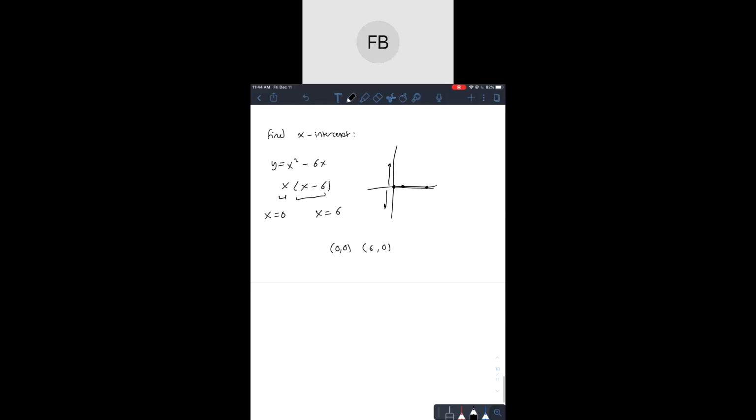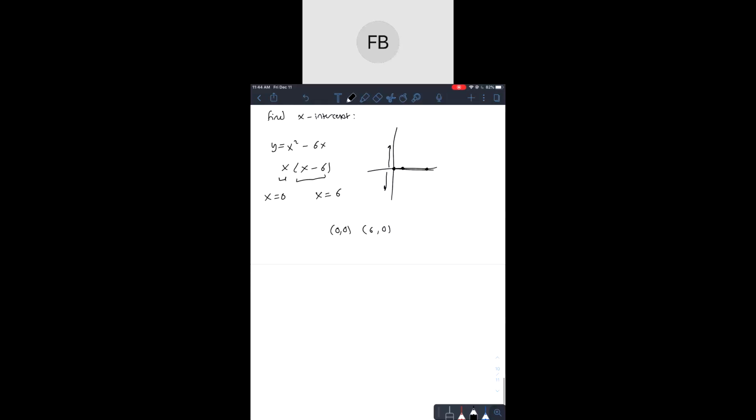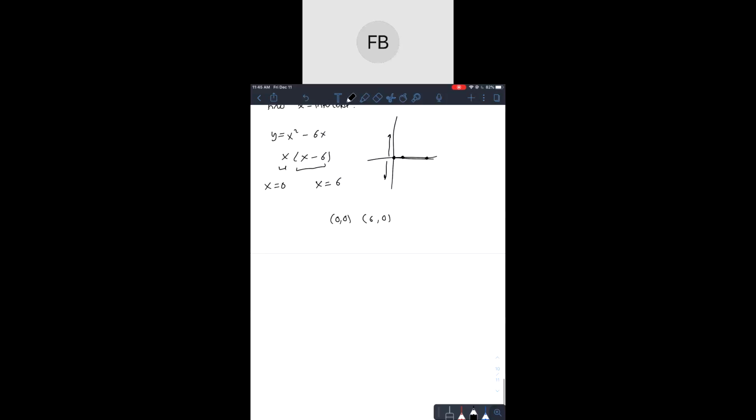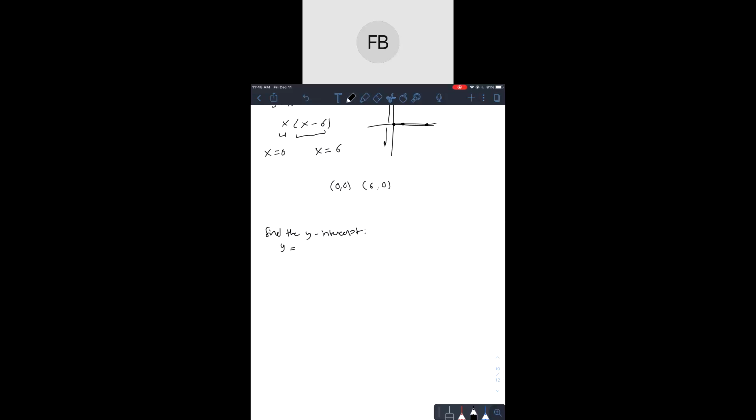Now for the y-intercept. Finding the y-intercept is a little more involved because we haven't done this multiple times the way we've done x-intercepts. But actually, in this case, it's pretty easy. If we want to find the y-intercept, just plug in 0 for all the x's, because if it's a y-intercept, it's right at the y-axis, so the x value is exactly 0.